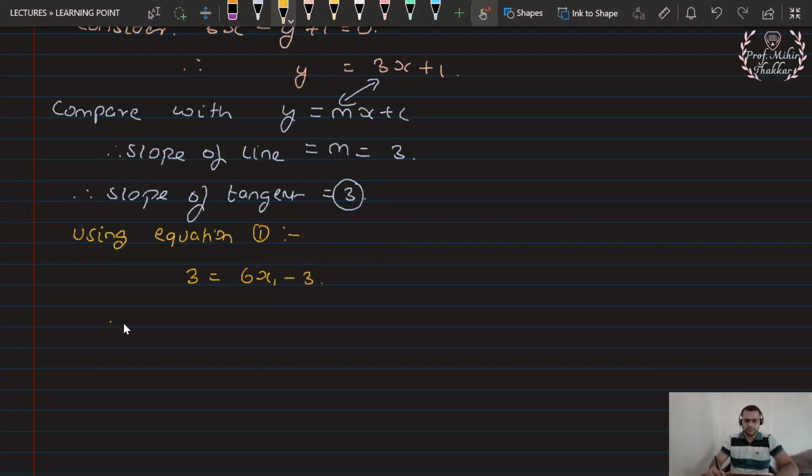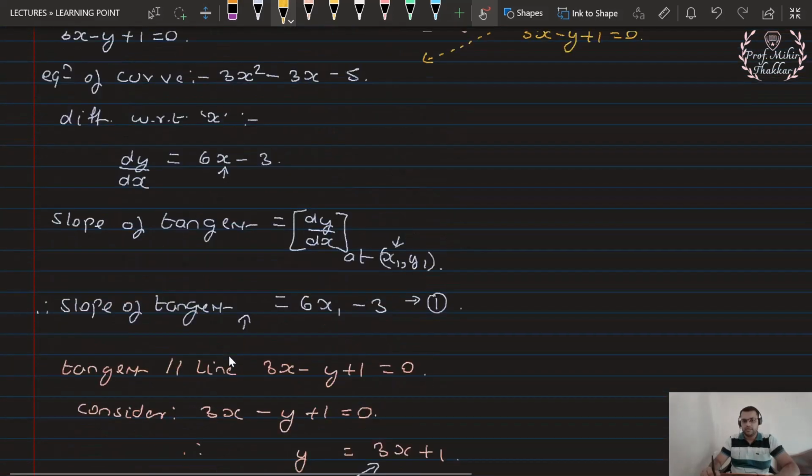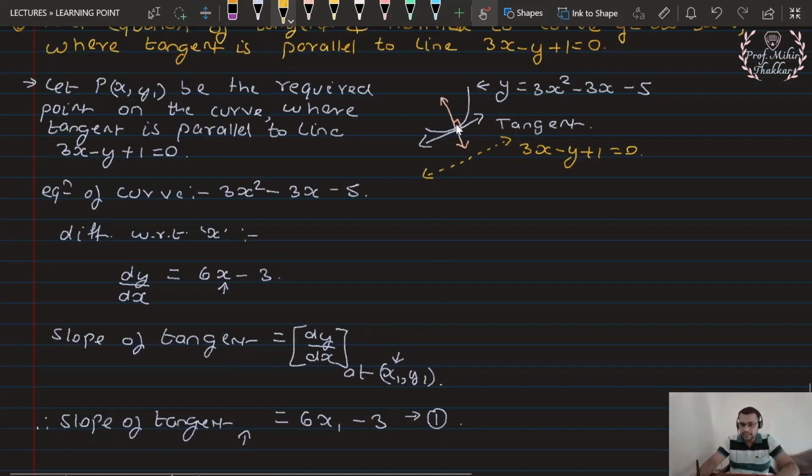To transfer this, so it becomes 6 is equal to 6x1, and therefore guys, x1 comes out to be equal to 1.